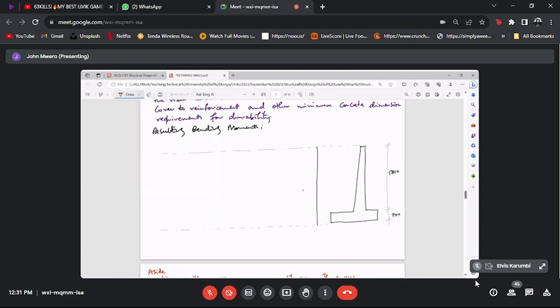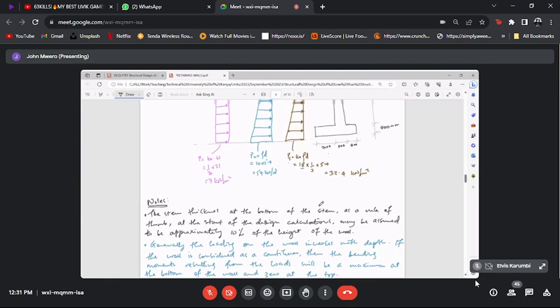We know that it will be parabolic like that, and this value here will be WL squared over 6. What is W? W is this value here, 32.4.